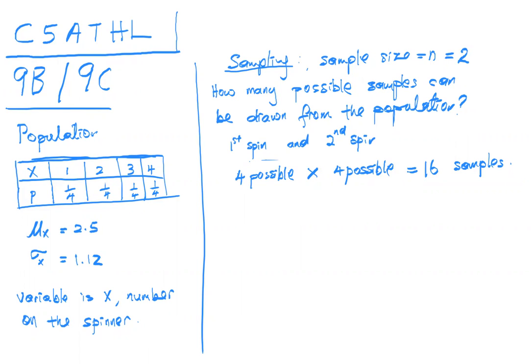Are you clear? If I want the sample size 3, how many possible samples can I get? Four times 4 times 4, 64 samples.